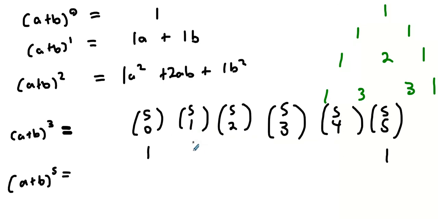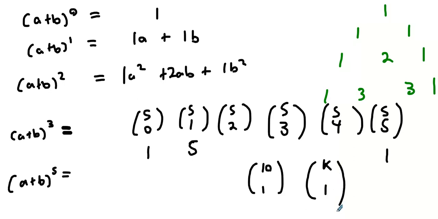So this one's going to be 5. What's 10C1? 10. What's KC1? Just K. What's Kenny C1? Kenny. You got it? You can check your calculator if you want, but I'm trying to shorten how quickly you can do them. Is that all right?